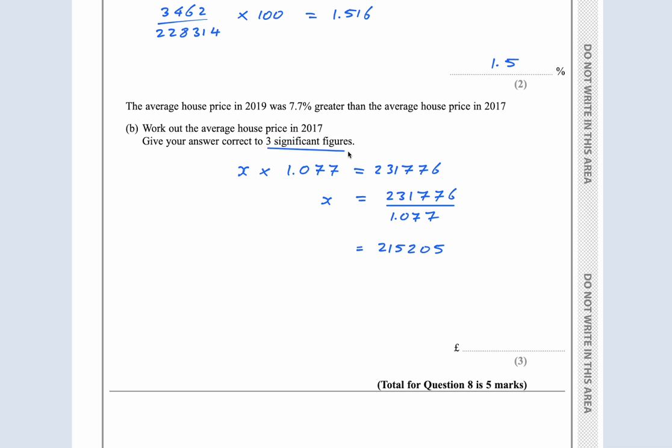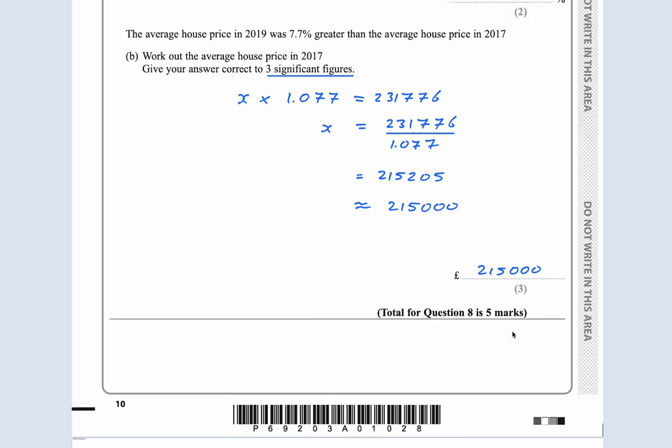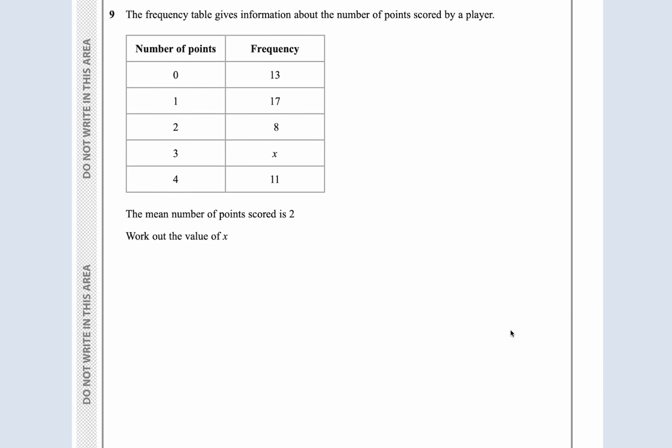To 3 significant figures, that would be 215,000, which is correct.